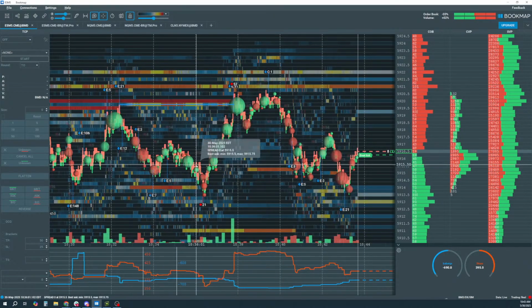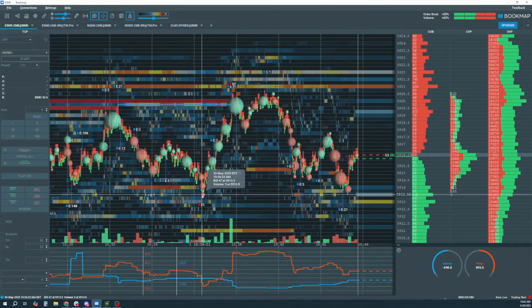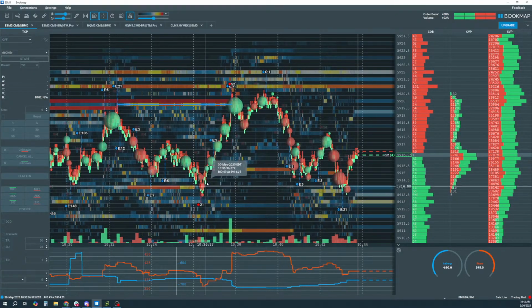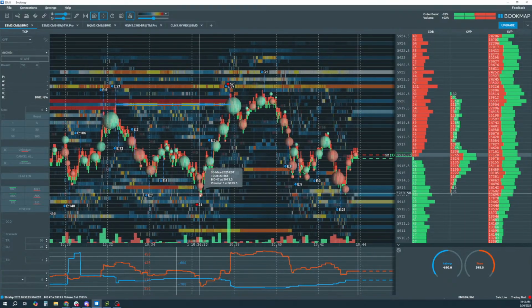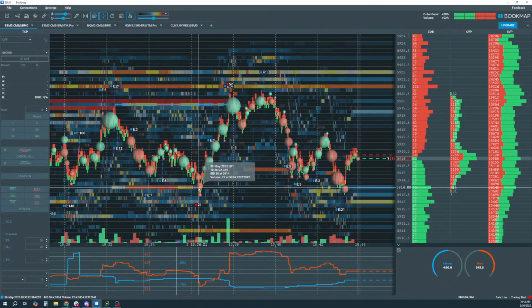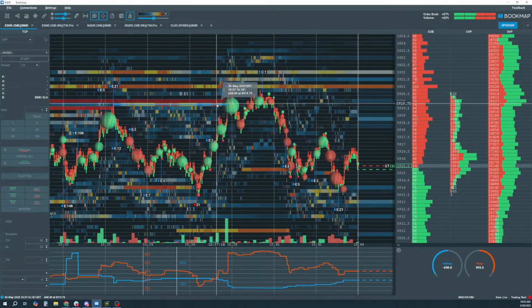Again, we can put together context though here. 21 people got stopped out on the move down here. And then the market came back in and buyers came back in after people got stopped out, traded into some liquidity down here below the swing, and then buyers came back in and traded up here.